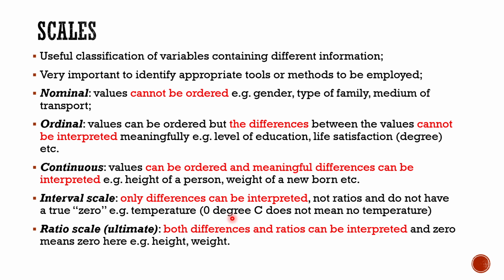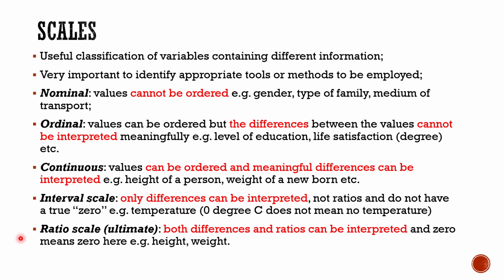And if you want to see the difference between -2 degree centigrade and 4 degree centigrade, then there is a difference of 6 degrees. But the ratio doesn't mean that -4 degrees centigrade is twice as cold as -2 degrees centigrade. So here we can interpret the difference but not the ratio.